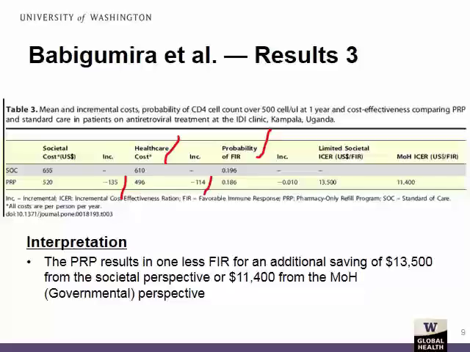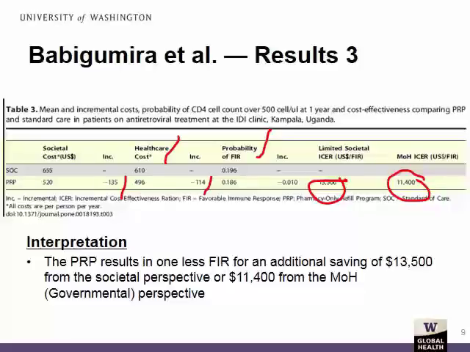And the cost effectiveness ratio is $13,500 per reduction in favorable immune response. And this is from a societal perspective, or 11,400 from the perspective of the payer.